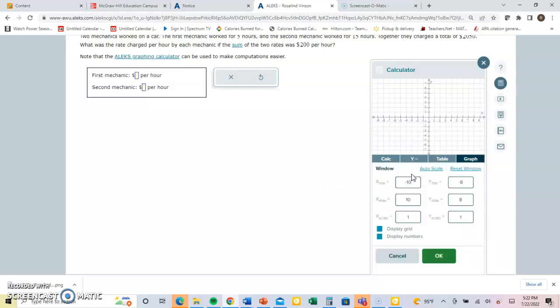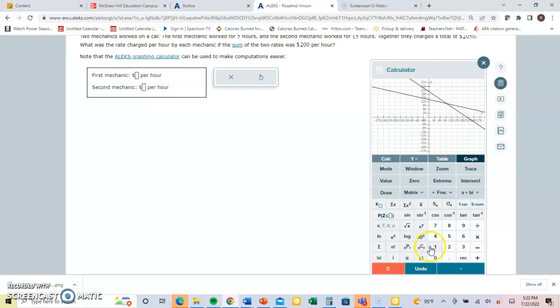We will enter the minimum value for X as a negative 300, and the maximum value for X is a positive 300. And we'll do the same for Y. So then from there, we'll click Auto Scale, and then we'll click OK.